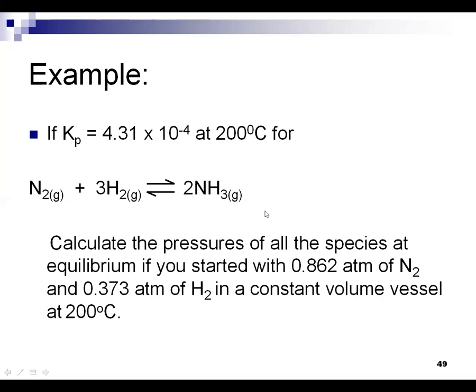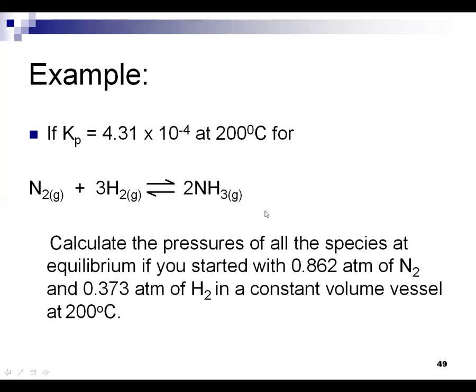We also did an example where we were given the starting amounts of everybody in the equation. In that situation, since we were given the starting amounts of everyone, we went on to calculate Q just to verify we weren't at equilibrium, which we would assume we weren't. But more importantly, it helped us understand which way the change part of the ice table would go.